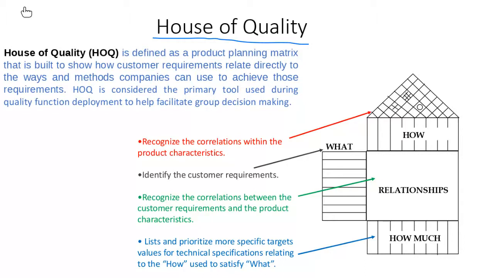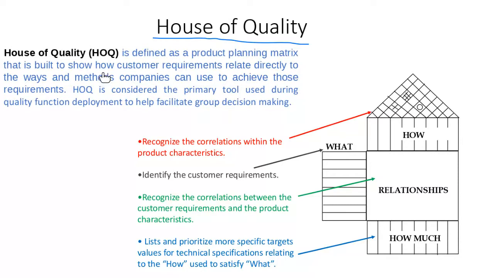It is basically a matrix planning tool, or a product planning matrix, that is used to show the relation between the customer requirements and how the company can fulfill these requirements based on the specification.